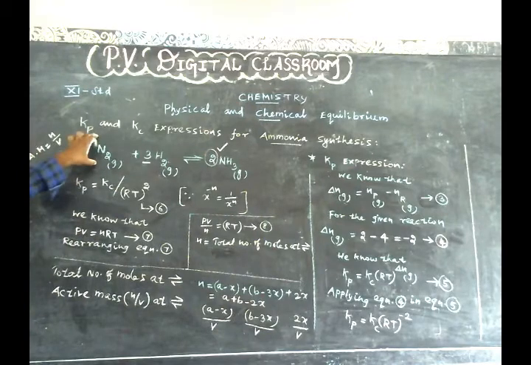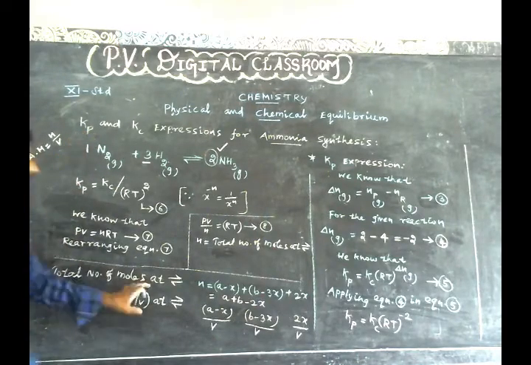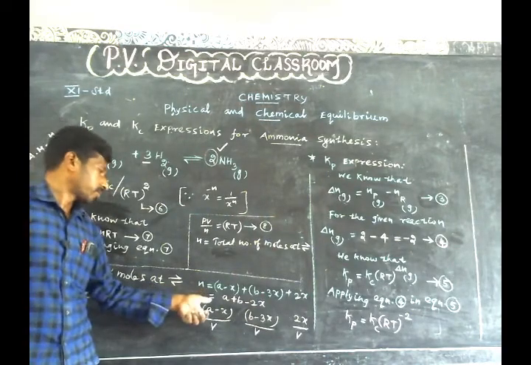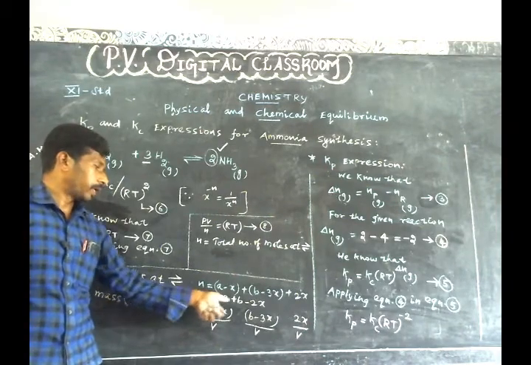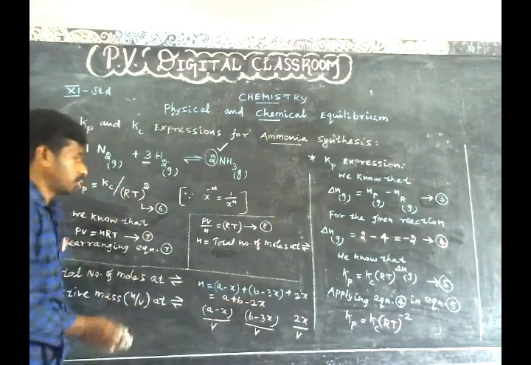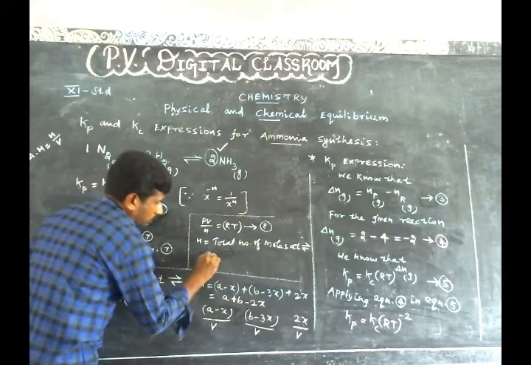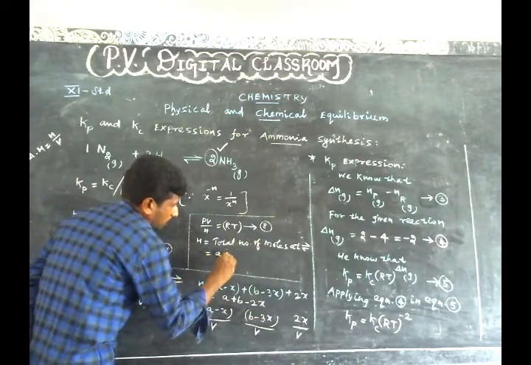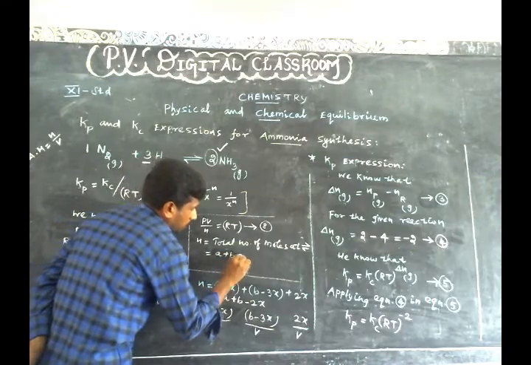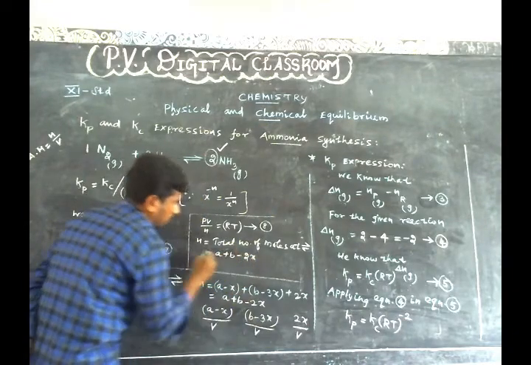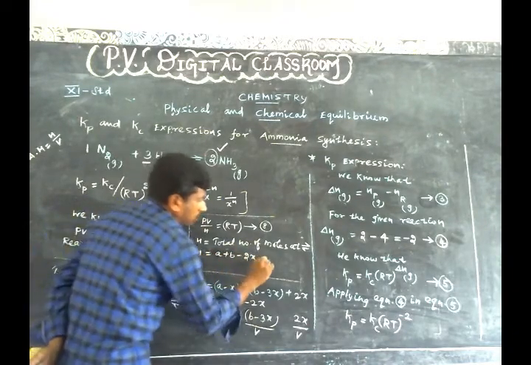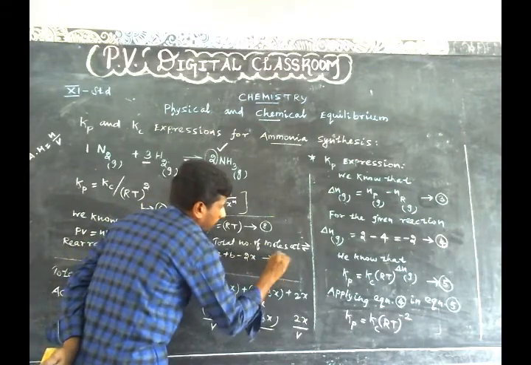For the given reaction, total number of moles at equilibrium is equal to A plus B minus 2x. This is equation number 9.